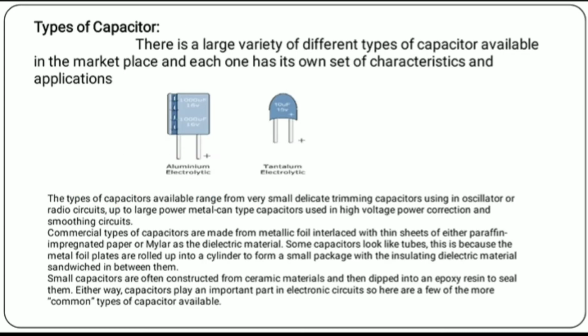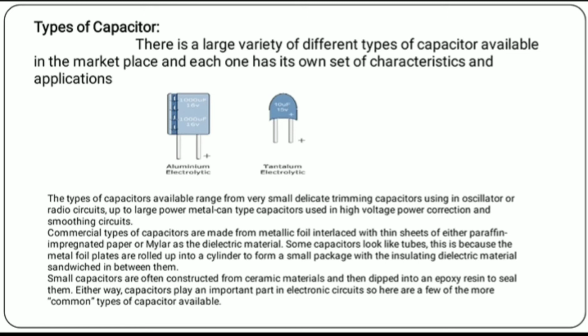And the next one is the types of capacitor. There is a large variety of capacitors available in the marketplace, and each one has its own set of characteristics and applications. The types of capacitors available range from very small delicate trimming capacitors used in oscillator or radio circuits up to large power metal can type capacitors used in high voltage power correction and smoothing circuits.